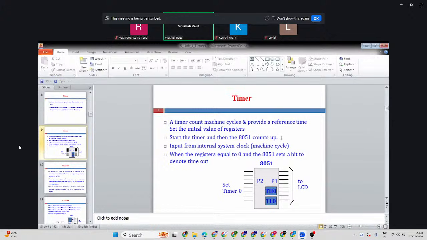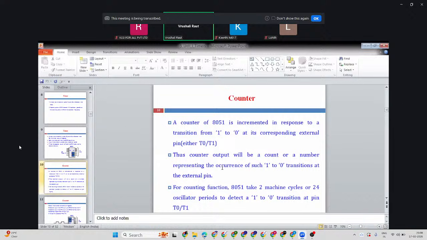The input from the internal system clock, that is the machine cycle, is helping to update the timer. When the register equals 0, the 8051 sets a bit to denote timeout. Don't worry about this; we will go into the timer in detail. Similarly, the counter.